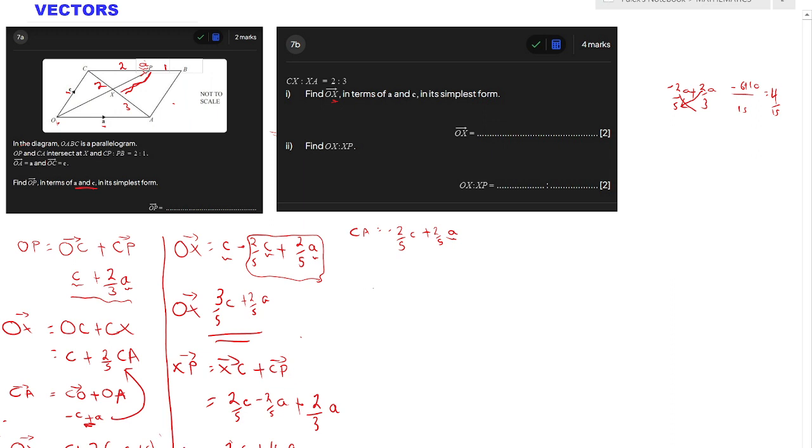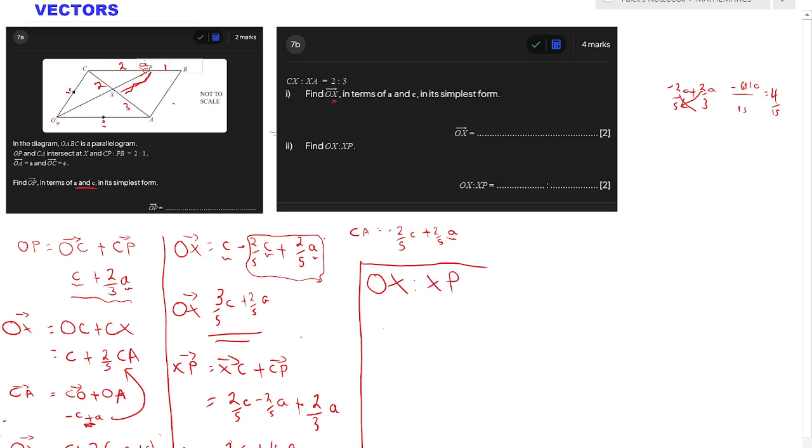That is vector XP. Now finally, what we are supposed to do is to find the ratio of OX to XP.